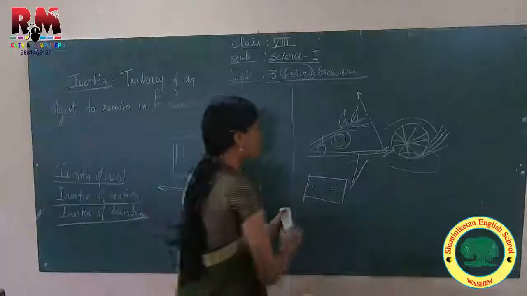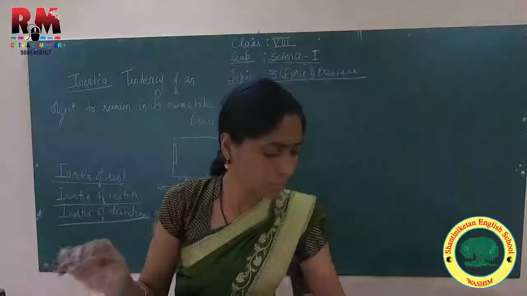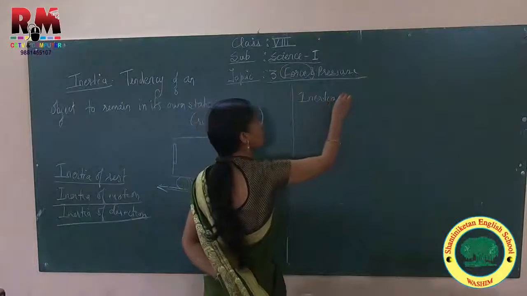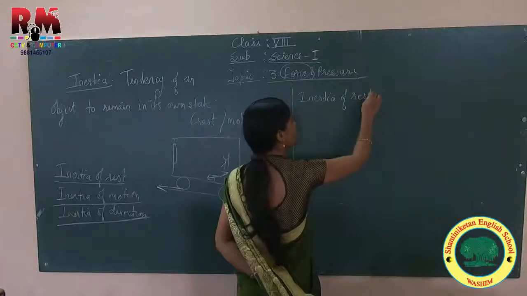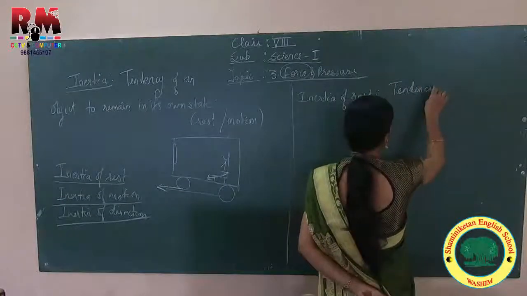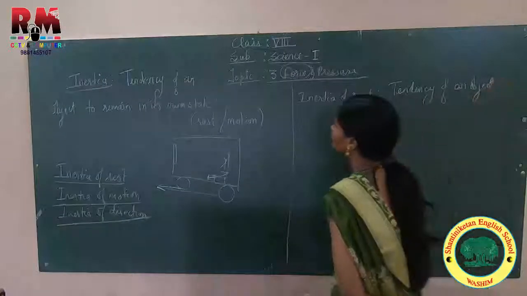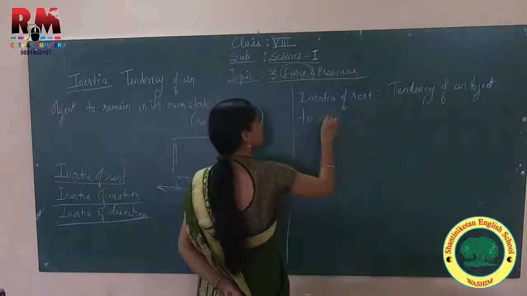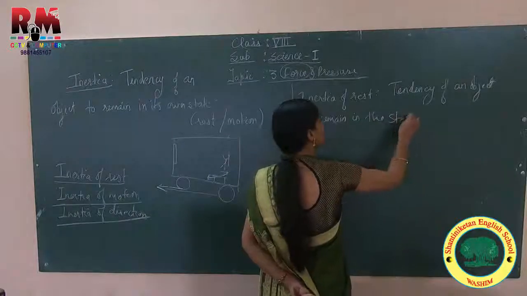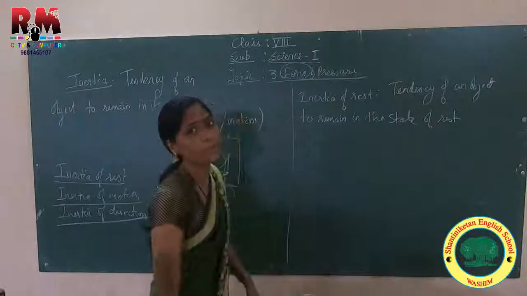So now you children also can define inertia of rest, inertia of direction, and inertia of motion. First is inertia of rest, okay. So what is it? Tendency of an object to remain in the state of rest is called inertia of rest.